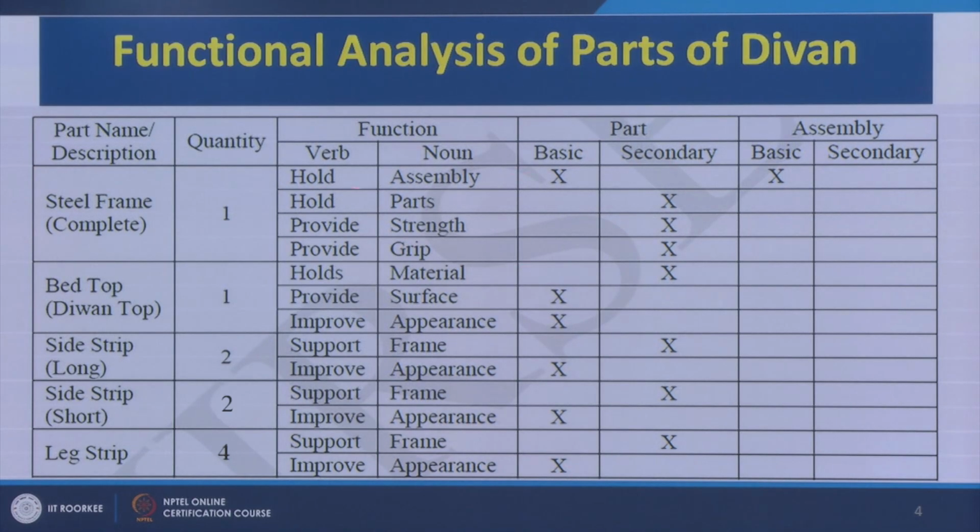Basic function: hold assembly is the basic function of the steel frame, but hold the parts together, provide strength and provide grip are the secondary functions. So this is for the part, and for the assembly also, because we are doing the functional analysis of the assembly as well. So the basic function of the steel frame is to hold the assembly together.